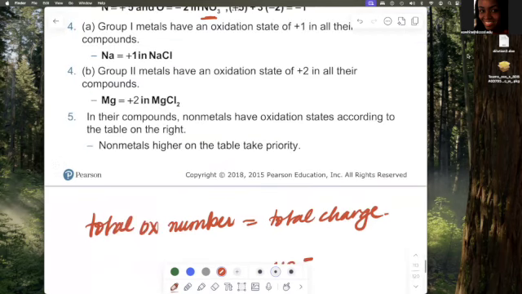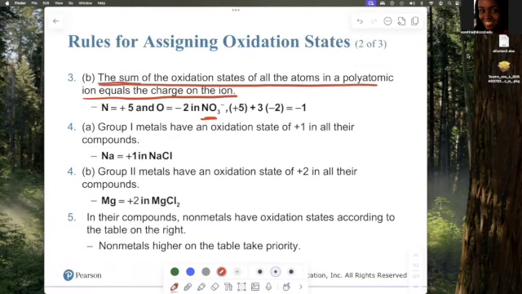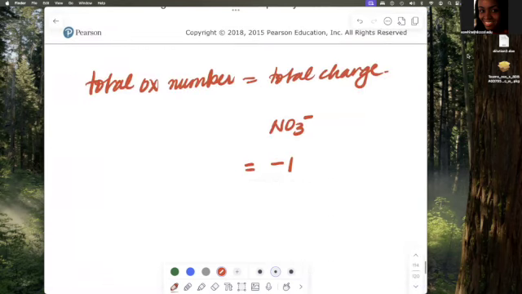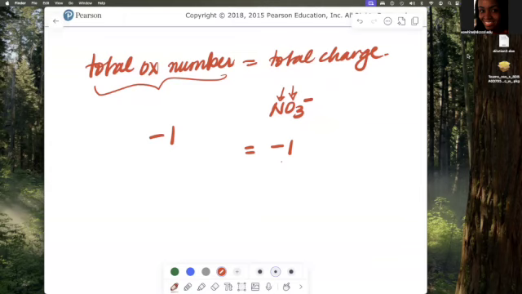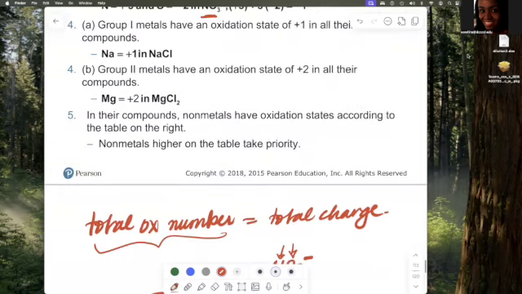So we're told here in the definition, the sum of the oxidation states of all the atoms in the polyatomic ion equals the charge of the ion, meaning that once we assign the oxidation number of nitrogen and oxygen, and we add them all up, the total oxidation number must equal -1 so that it is equal to the charge that is also -1, okay? So here's where I'm going to jump. I'm going to come back to rule 3b, but I want to jump to rule 4.